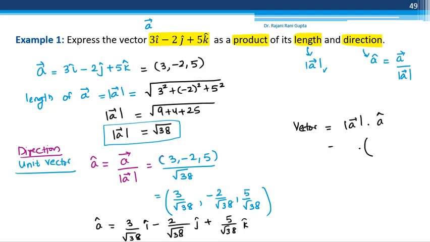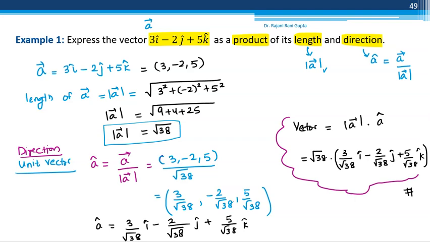Let me write it a little bit on the other side. So this is root 38 times 3 over root 38 i minus 2 over root 38 j plus 5 over root 38 k. This is your answer. You have to stop here. Note that you shouldn't cancel this root 38, because you are expected to write it in this form.